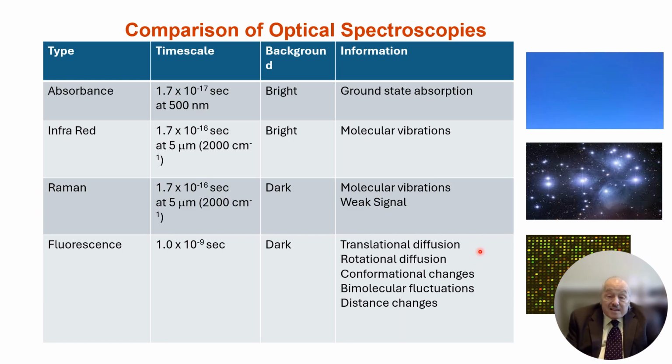They can diffuse translationally, they can undergo rotational diffusion, conformational changes, fluctuations in structure, changes in distances, and all of these phenomena are visible by fluorescence because they frequently occur on the time scale of fluorescence, which is the nanosecond time scale.